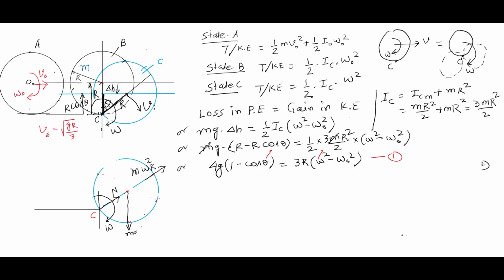We resolve mg into rectangular components. One component will act in this direction, the other in this direction. This angle is theta, therefore the alternate angle is theta, and the component along the radius is mg cos theta.